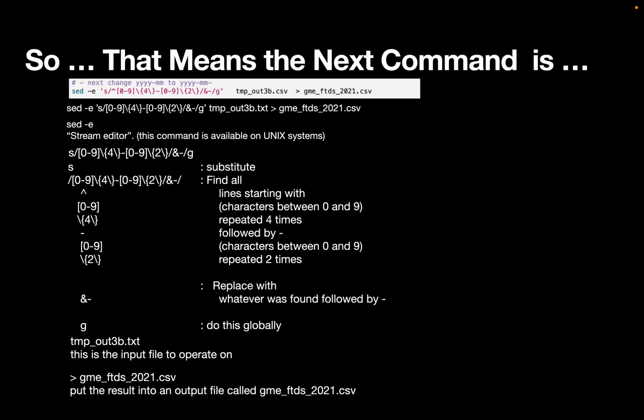The next thing we do is the same pattern again, except this time we're going to look for a slightly more complex pattern. We're going to look for the start of the line with 4 numbers and a dash, followed by 2 numbers, right? And we're going to replace that with whatever we found and a dash, right?